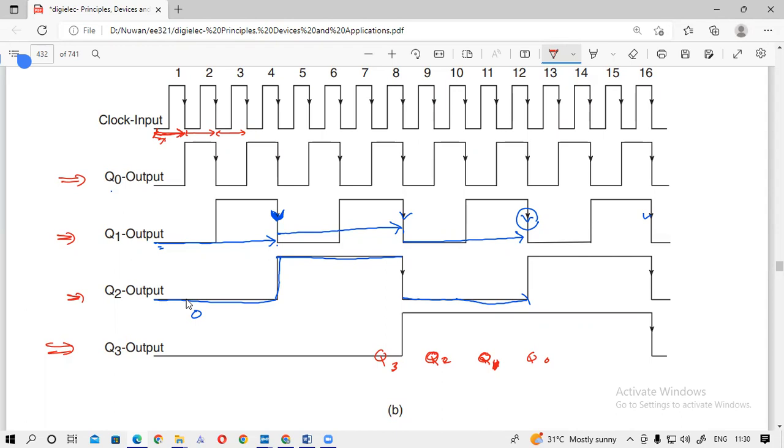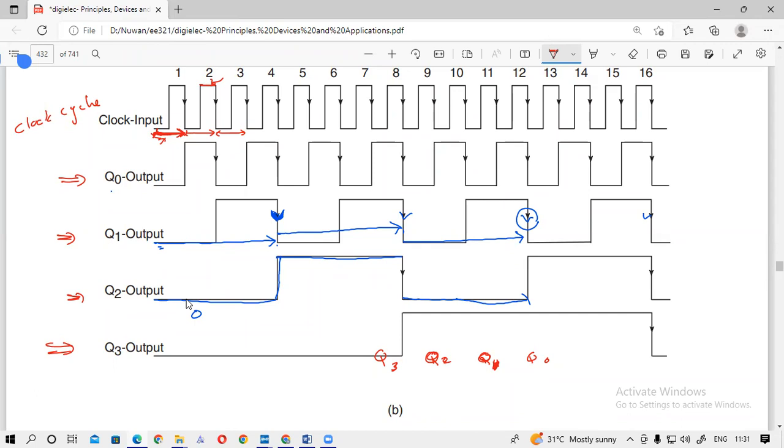Normally, one pulse we refer to as a clock pulse, but these two clock pulses will be referred to as one clock cycle. So at each clock cycle Q0, Q1, Q2, Q3 will be changed.